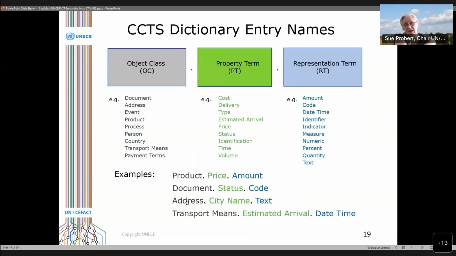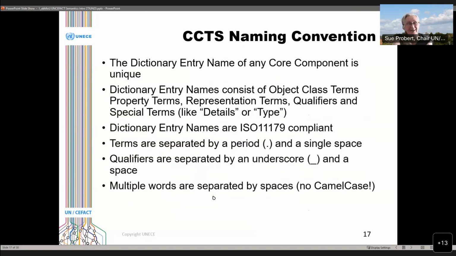So I did highlight the naming convention, and it is an implementation of ISO 11179, which I believe has been updated since, but it was the one that was available when we were developing core components under the ebMOU project. The last point is important for us, and that is an experience that we have gained: when we have multiple words, we don't use camel case.